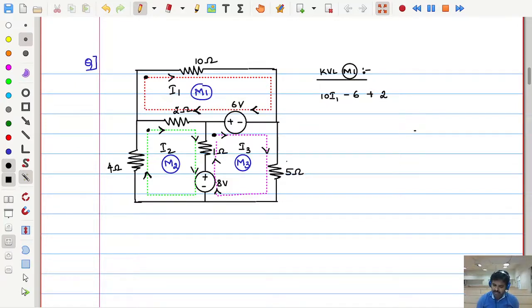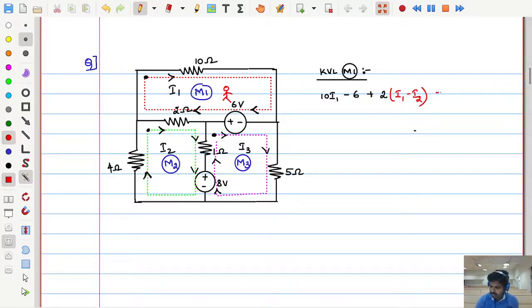This element is not only my friend, it is also your friend. So I should take care of how much is the net current passing through it. Right now I am in my area, the red color one, so my current is going to dominate, which is I1 minus your current I2.